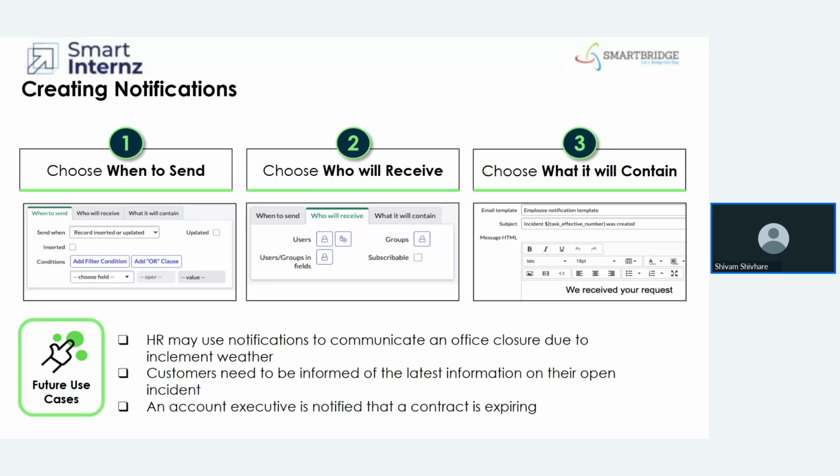As you know, in ServiceNow everything runs on conditions, so notification also runs on condition. When to send, you'll give a condition, like whenever the state is in progress. The moment the condition is satisfied, the notification gets triggered.